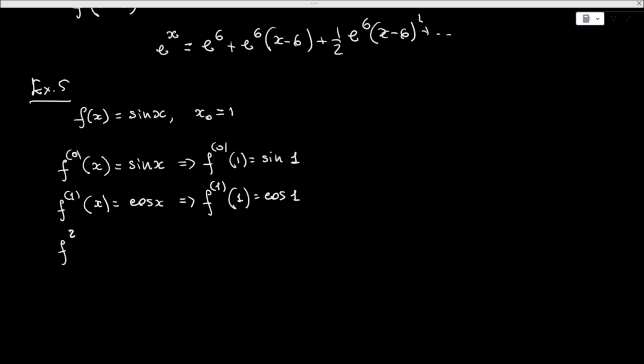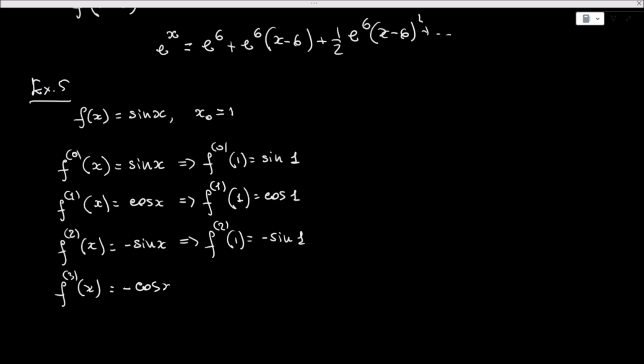Then the derivative of order 2 in x is equal to minus sine of x, which gives the derivative of order 2 at 1 equal to minus sine of 1. We know that we need to evaluate the first 4 derivatives because all the others repeat over and over again. So we have f of order 3 in x is equal to minus cosine of x, and this gives the derivative of order 3 at 1 is simply minus cosine of 1.